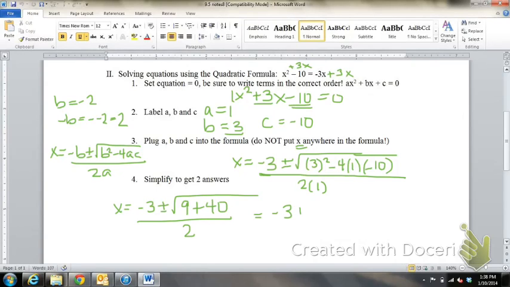So I have negative 3 plus or minus 9 plus 40 is 49 all over 2. And the square root of 49 is 7 all over 2. Notice the plus or minus on the square root is already built in. So now what you need to do, let's pause the video for a second because I'm going to have to scroll down and all this writing is going to go away.